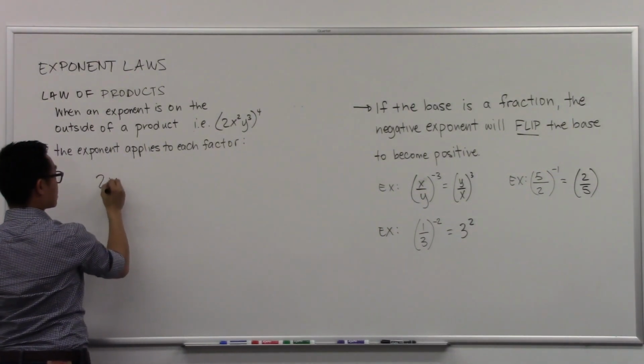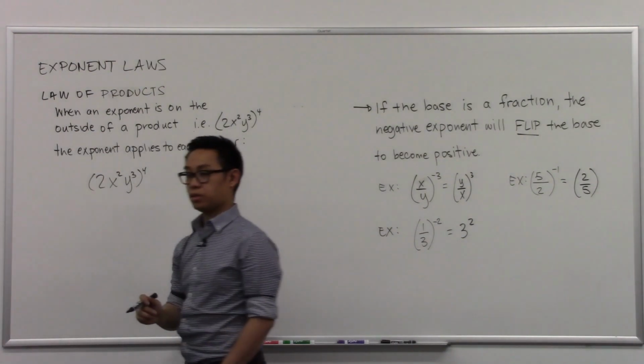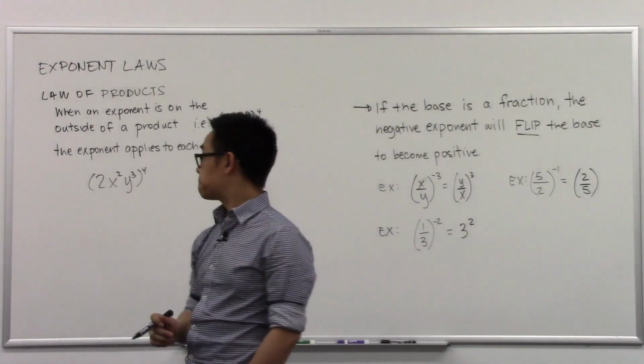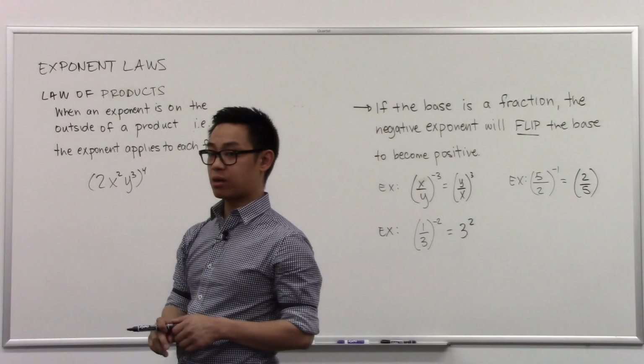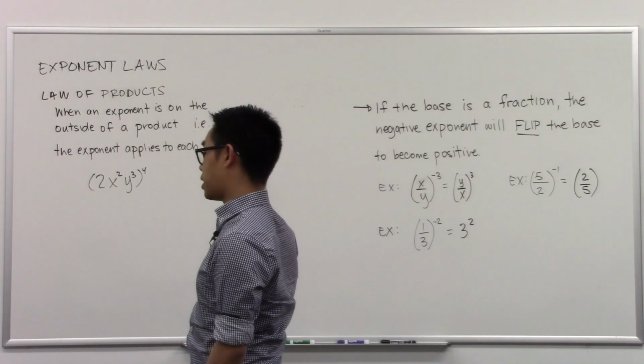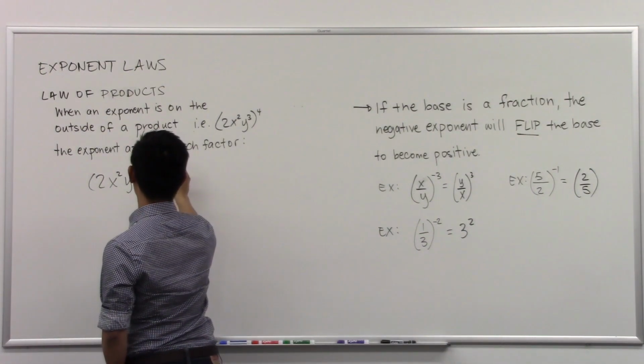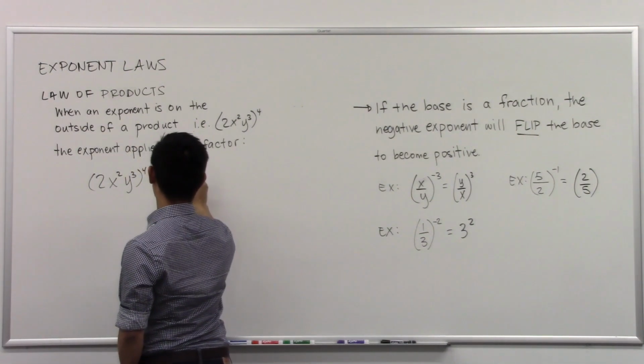So 2x squared y cubed to the 4. When the 4 is on the outside like that, it applies to each factor. So it applies to the 2. It applies to the x squared.